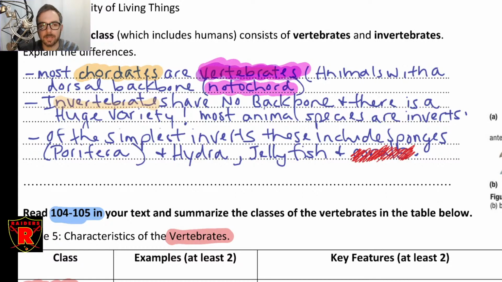A notochord is like a primordial pre-version of a spinal cord, and it becomes a cord. I'm not sure if I can call it a spinal cord, because spinal implies that it's inside a vertebral column. So anyway, there's a nerve cord in there called a notochord. The notochord is the cord, but vertebrate implies that there's a bone around it.